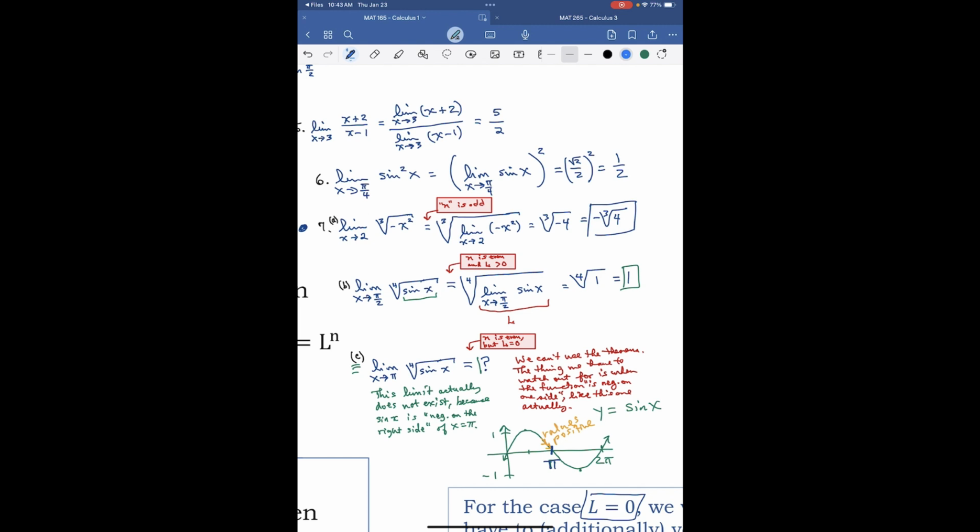But the problem is from the right side. From the right side, values are negative. And since the values are negative from the right, that totally messes up the even root, and so we don't have a limit in that case.